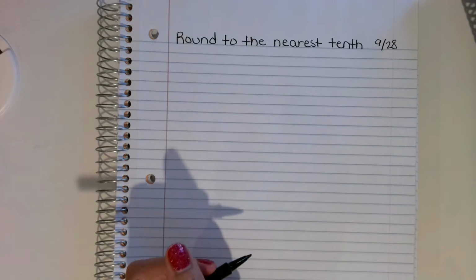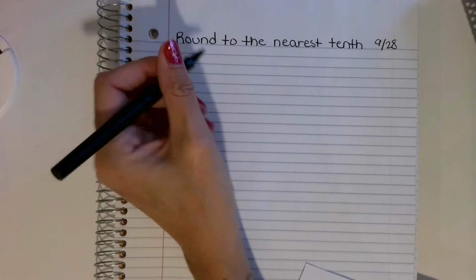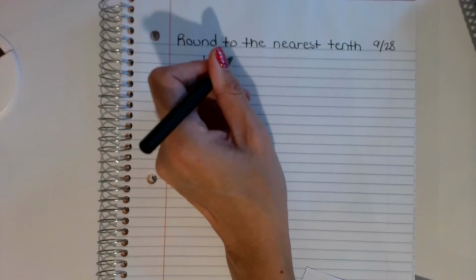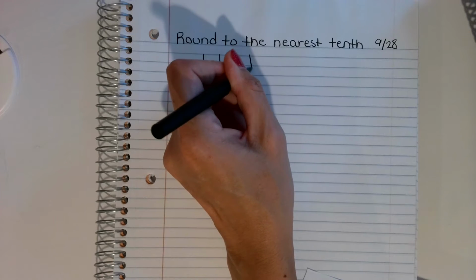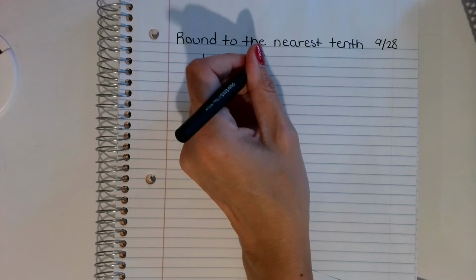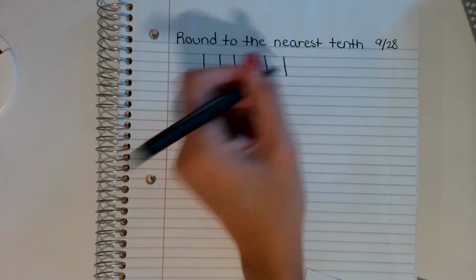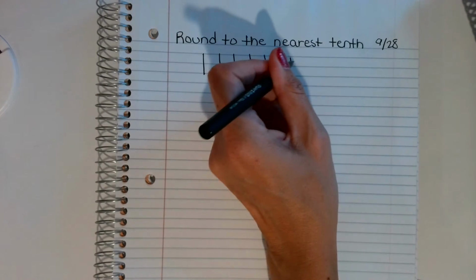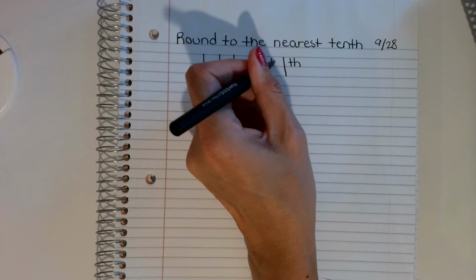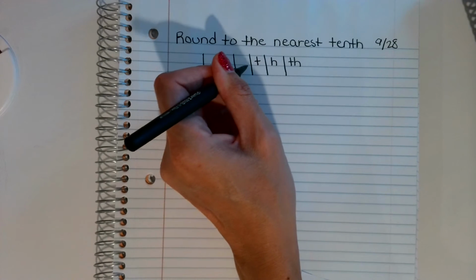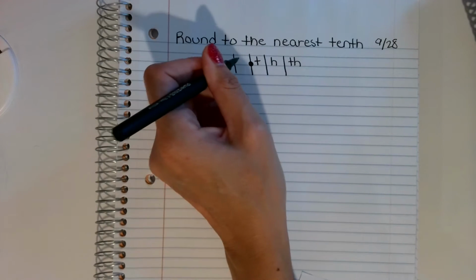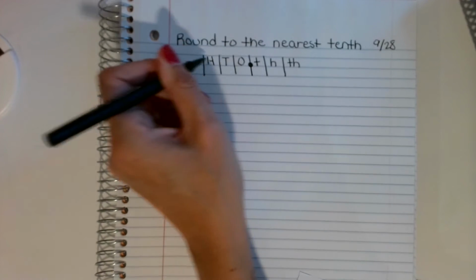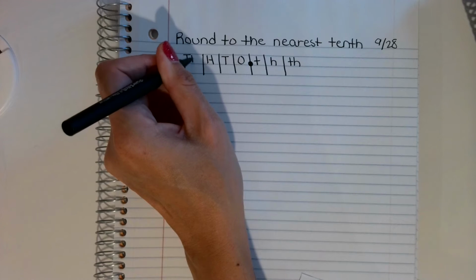Okay, so before we do this paper, I want to review the place value chart because you need to know where the tenth is, the tenth place. Okay, so we're going to do a couple of these. Okay, so we have thousandths, hundredths, tenths, your decimal, ones, tens, hundreds, thousands.